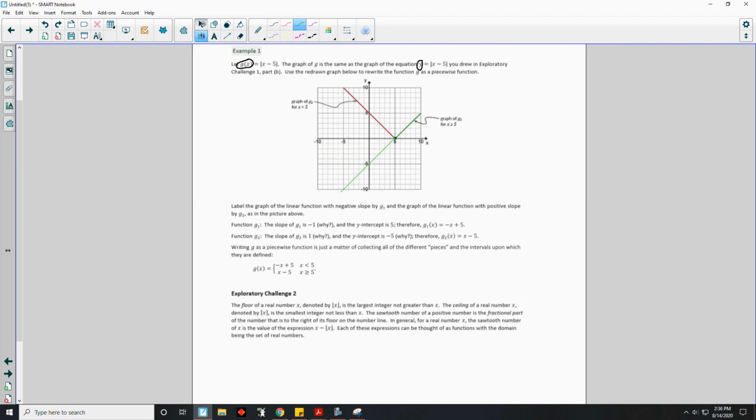But if it did, then its y-intercept would be negative 5, which is our b. So slope of 1, y-intercept of negative 5.